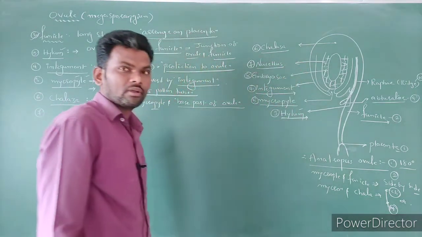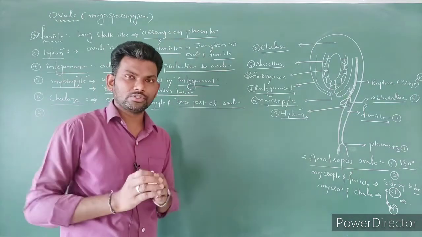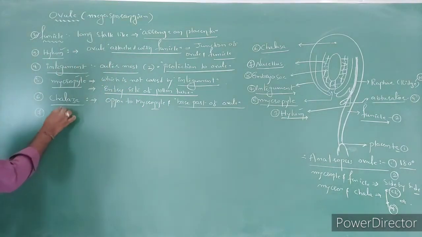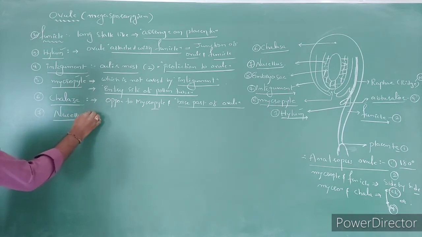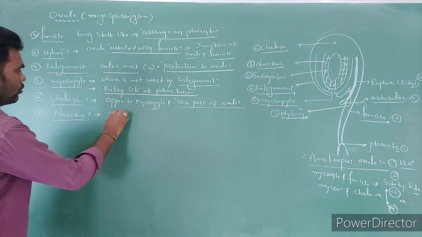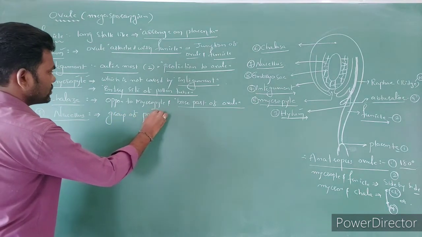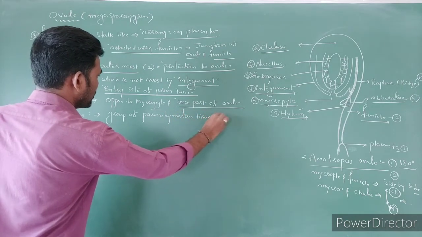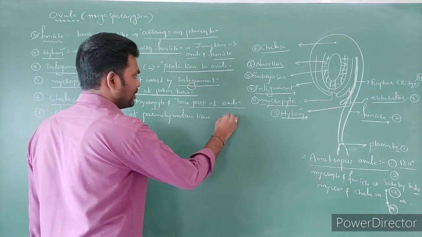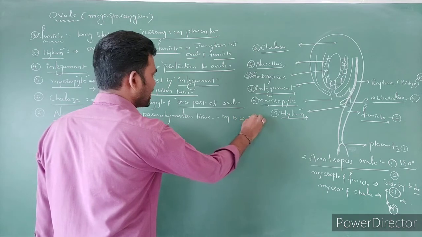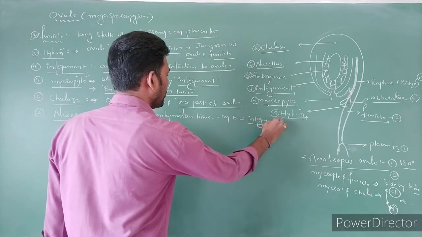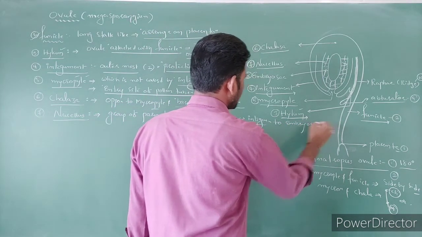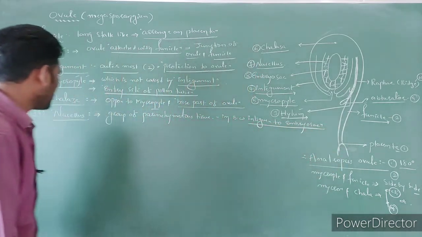What is called the nucellus? The nucellus is a group of parenchymatous tissue, which is present in between the embryo sac and the integuments, right? So that portion we can call what?